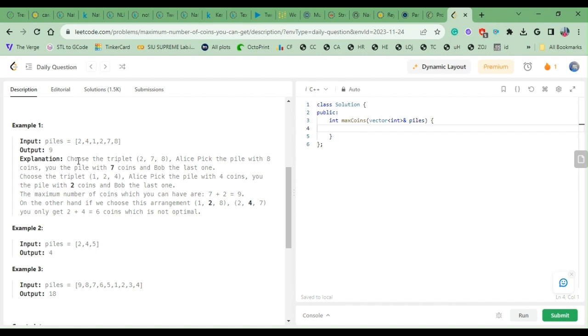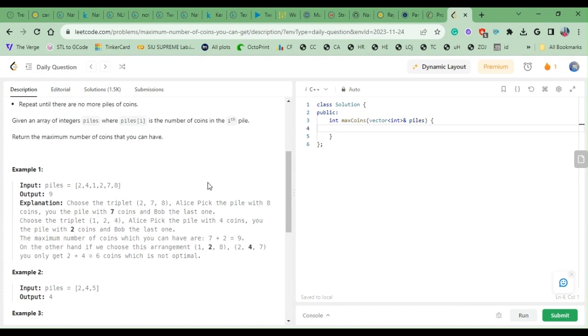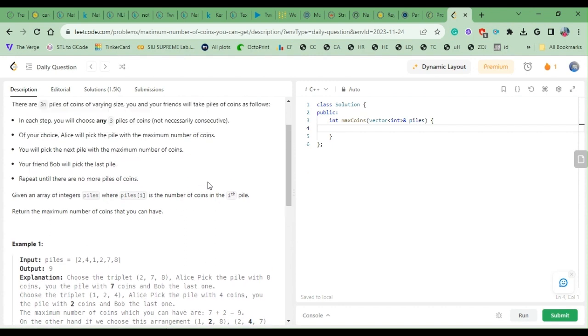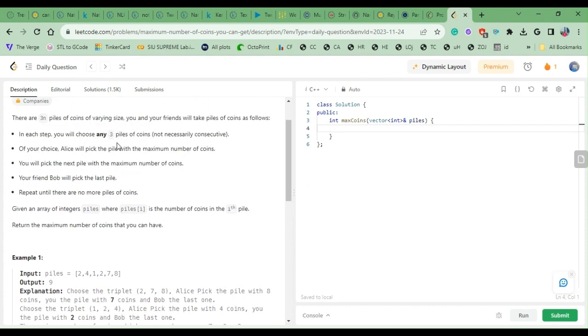Choose the triplet 2, 7, 8. Alice picks the pile with 8 coins, you pick the pile with 7 coins, and Bob the last one. Why Alice 8, you 7 and Bob last? Of course Alice will pick the maximum number.